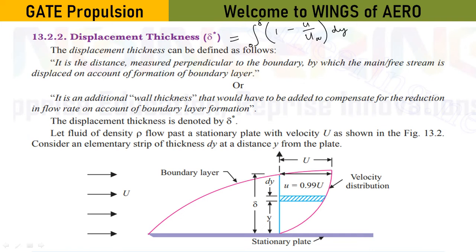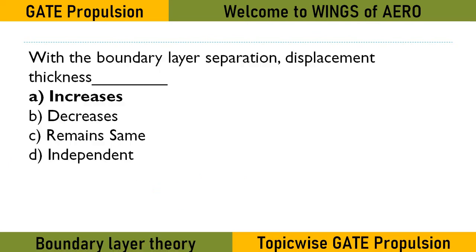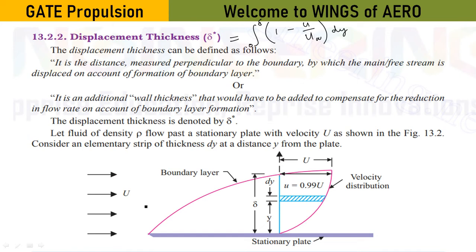Next, momentum thickness. Now, what is u and u infinity then? As I have said, u defines the velocity at the corresponding place. u infinity is the free stream velocity which is coming. Is it clear right now?